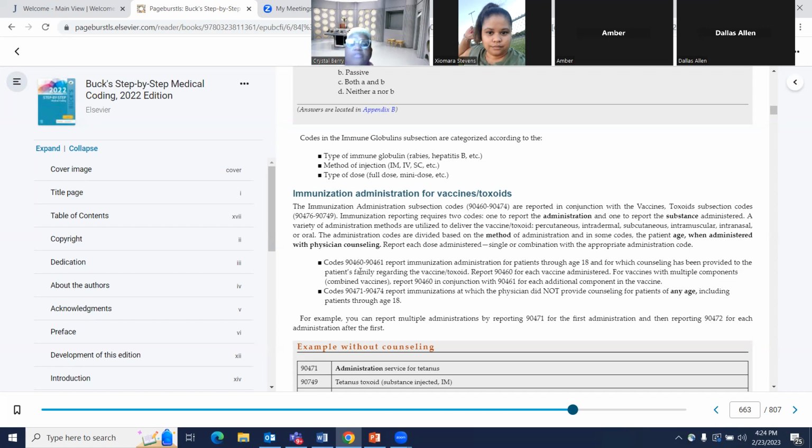Codes 90460 through 90461, not a long range, it's a 1 number difference, report immunization administration for patients through 18. And when you're in the clinic, you're going to have those guidelines a lot of times. If you're working in pediatric clinics, you're going to use certain codes that they already have up there on the chart for you to use.